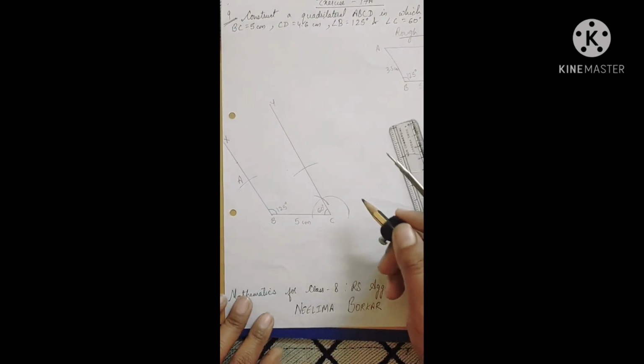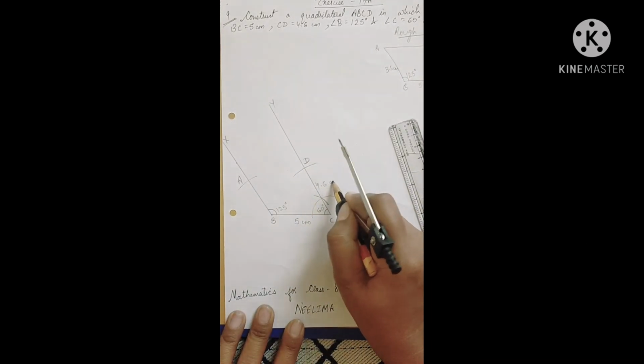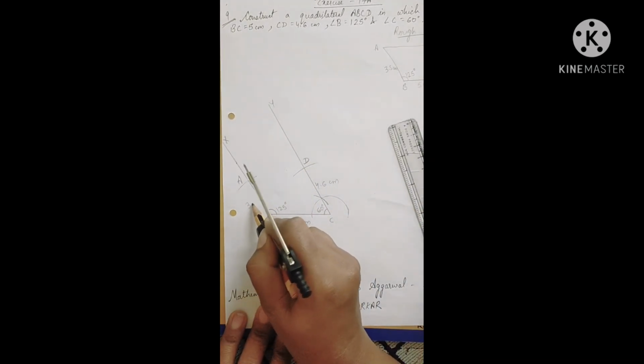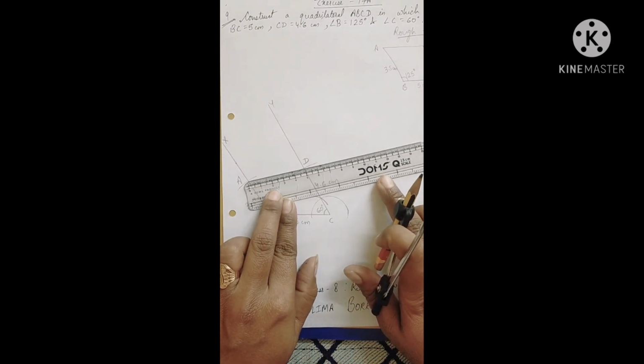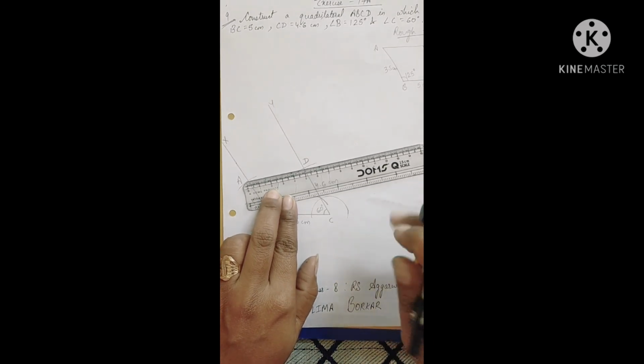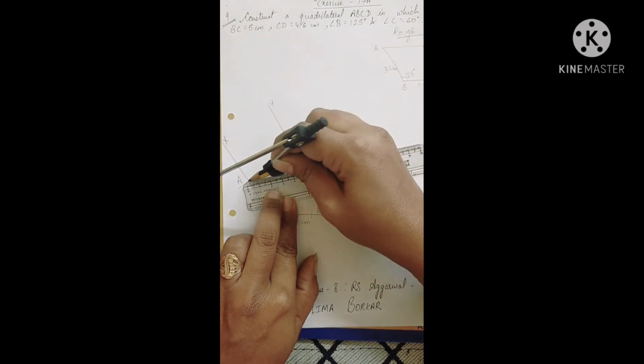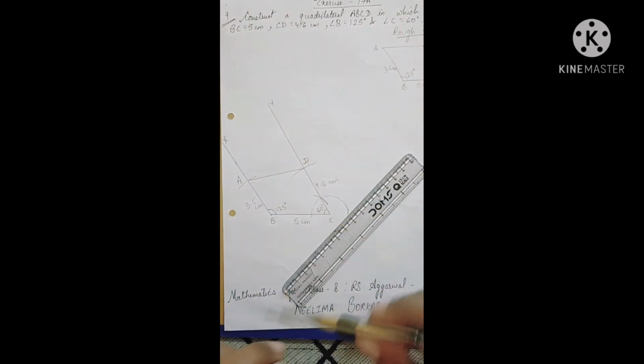So this is D point, and it is 4.6 centimeter and this is 3.5 centimeter. Okay, now we got point A and point D. Now you join point A and point D. So this has given us a quadrilateral ABCD.